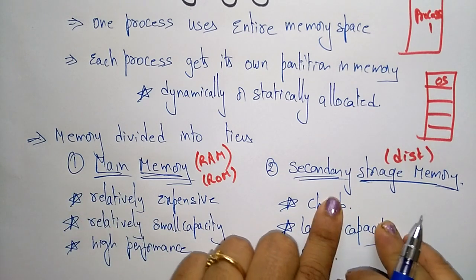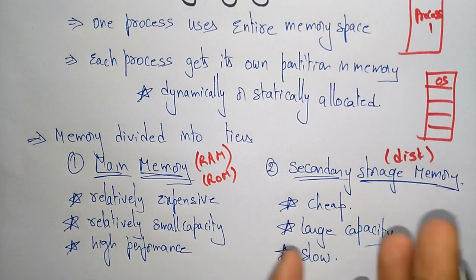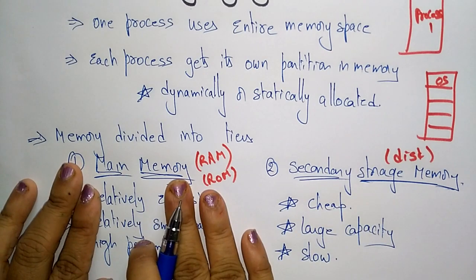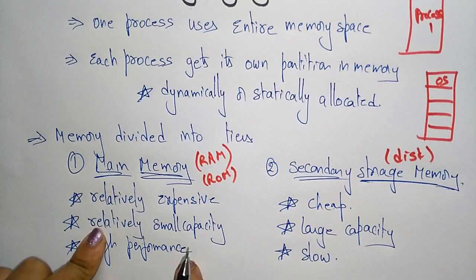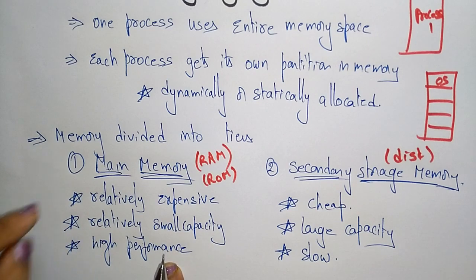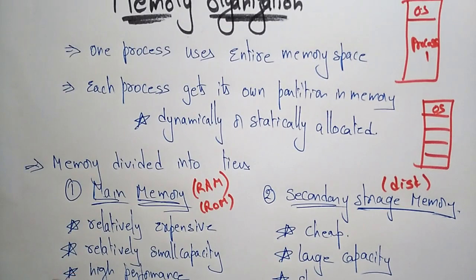With secondary storage you can erase if you want and use it whenever required, so there is no frequent access to the secondary storage memory. Only the frequent access happens in the main memory. So while doing memory organization in the operating system, we require careful management of the main memory.